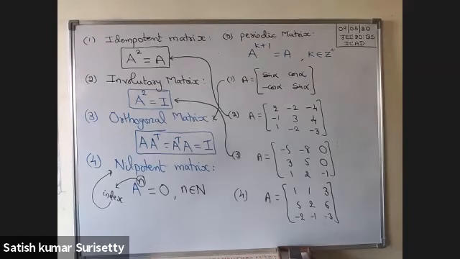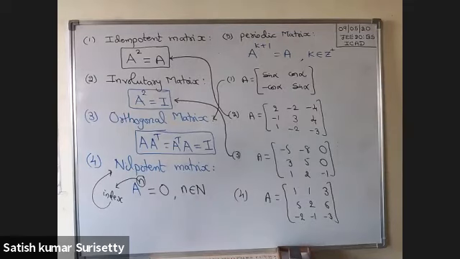Nilpotent. Is A square 0? Check properly. No, A square is not equal to 0. Unless all the elements are 0, only then you can conclude. If A square is non-zero, then again try for A cube.